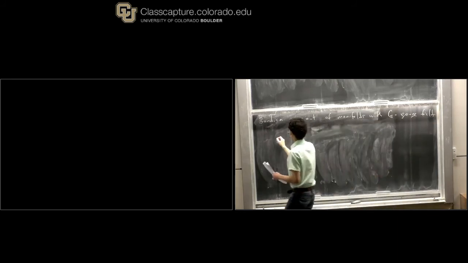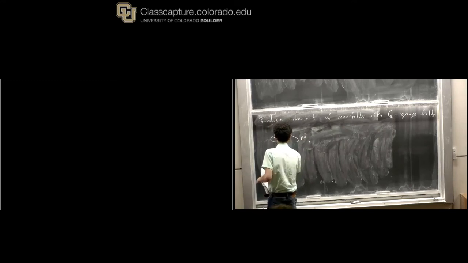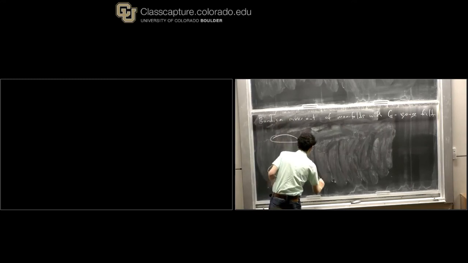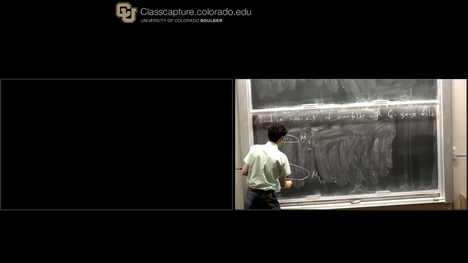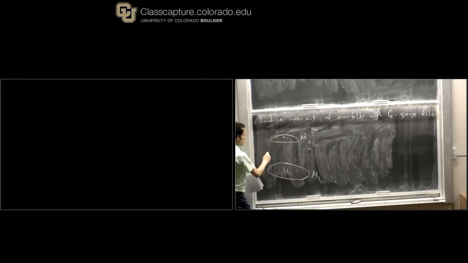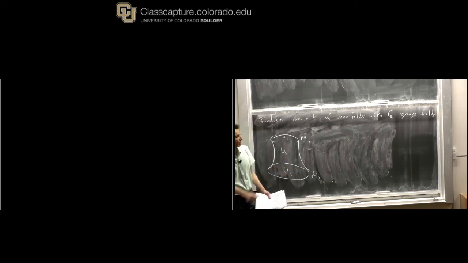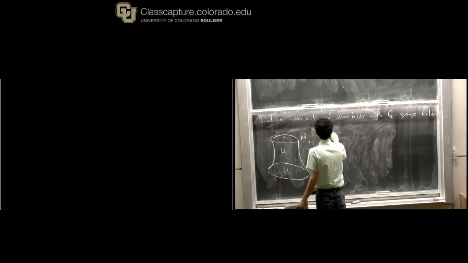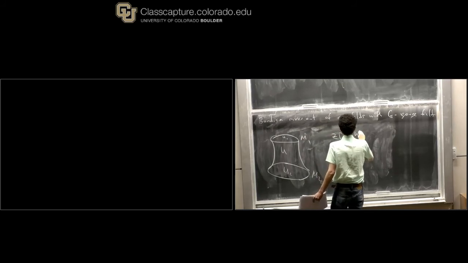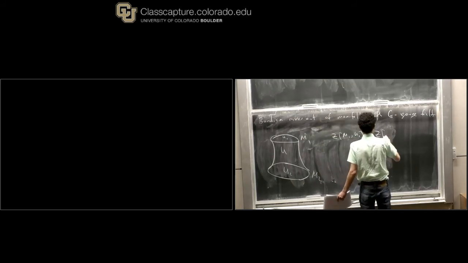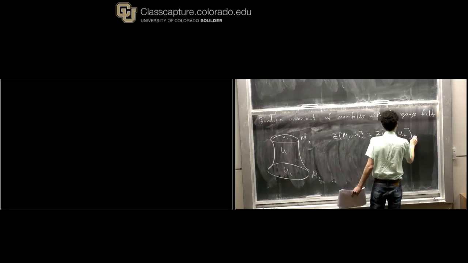So suppose I have some manifold M1 with a G gauge field U1. Here is manifold 2 with G gauge field U2. Claim is if I can find a manifold of one higher dimension to interpolate between them, and I can find a gauge field U to interpolate between them, such that U is flat everywhere, then I'm in business, and Z of M1 U1 is going to be the same as Z of M2 U2.